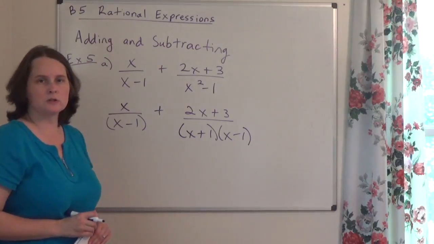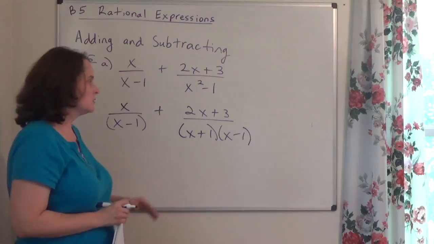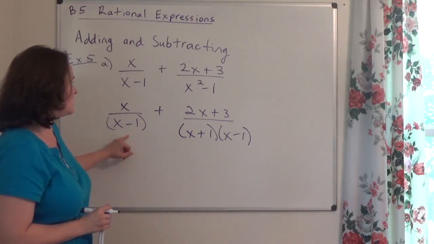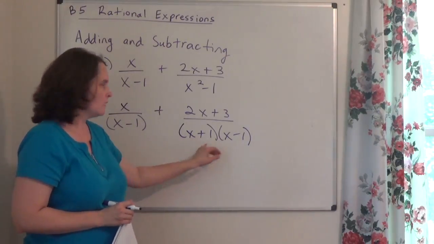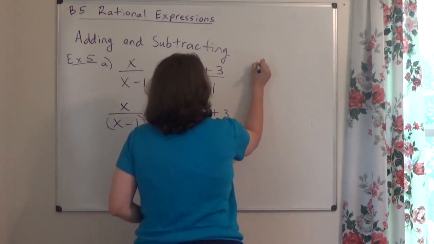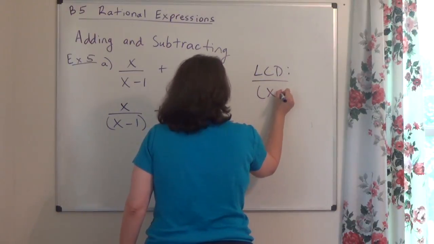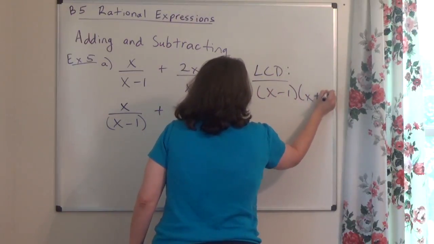Well, we just need to make sure that we include every factor that was given to us here. So my LCD is x minus 1 times x plus 1. This is redundant, I don't need another one. So my LCD is x minus 1 times x plus 1.